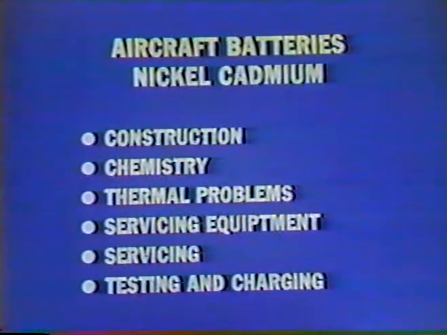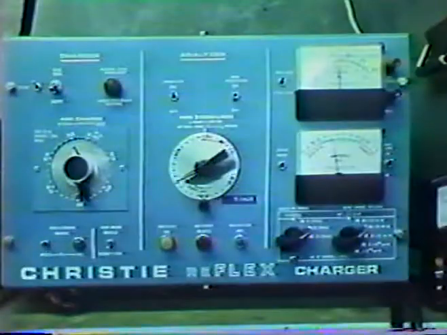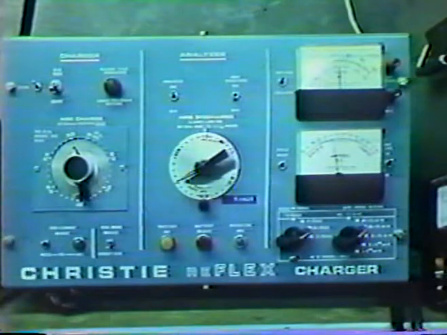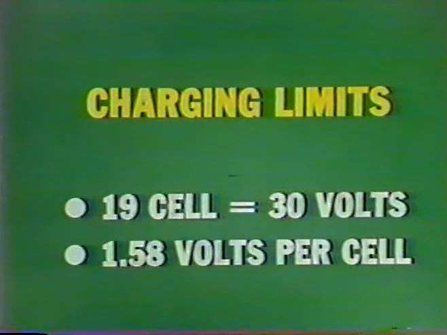Testing and charging. Using a constant current charger or a charger analyzer, charge the battery at its 5-hour rate until it reaches its recommended voltage. For a typical 19-cell battery, this would be 30 volts, or 1.58 volts per cell.